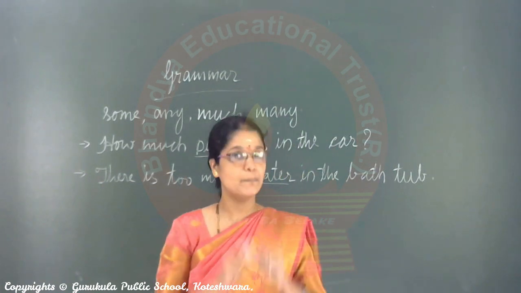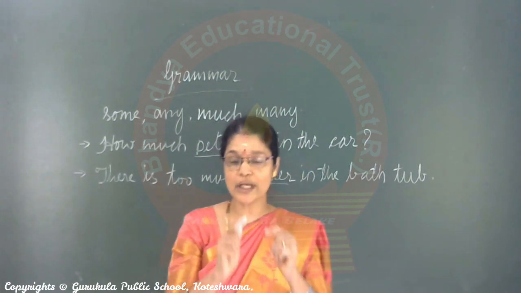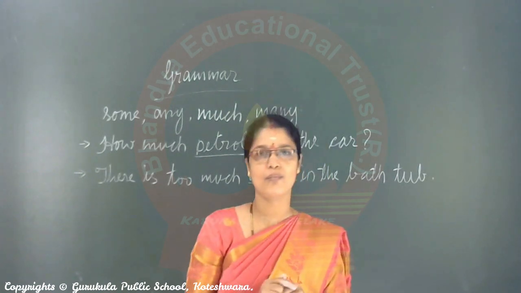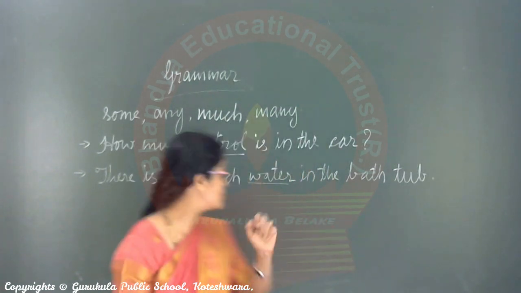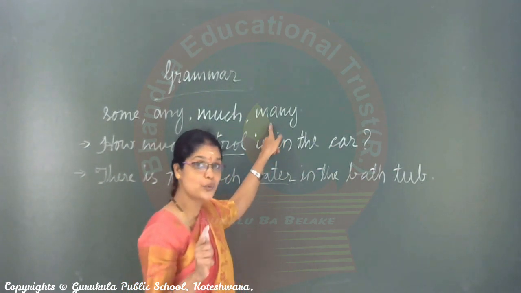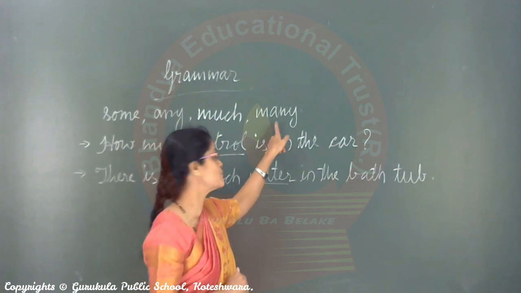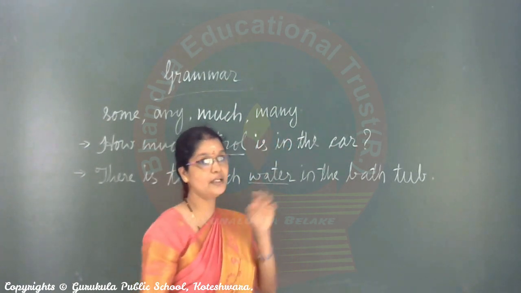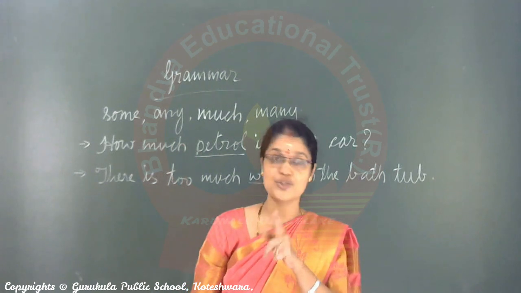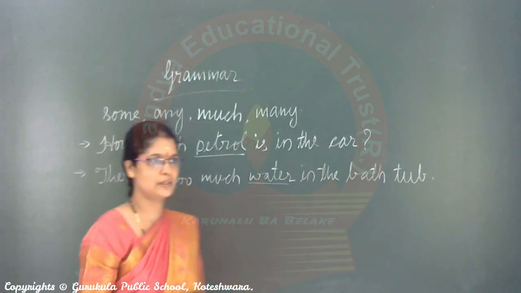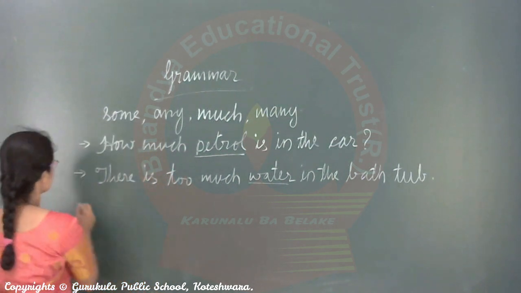We use many with countable nouns in plural form. Understood? We use many with countable nouns. Countable noun means some nouns we can count. Those nouns are called countable. Understood, no? Yes. And it is not singular form. We should use it in plural form only. What's the example? Example.